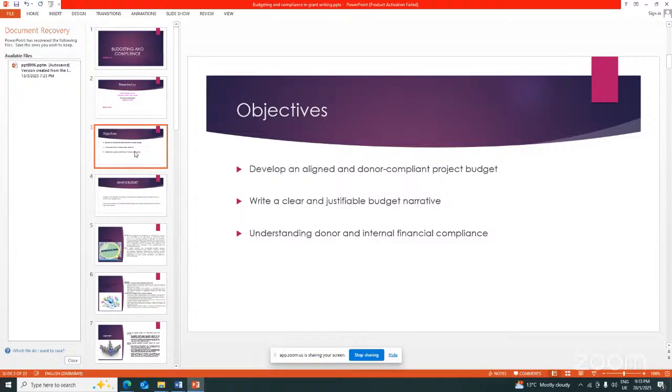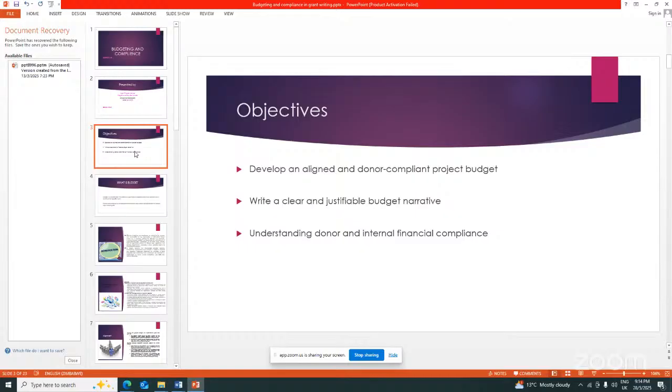So basically, taking it from previous presenters, I liked the example of building a house that was given yesterday by the presenter of session 2. She mentioned that with grant writing, we are kind of building a house where we start with the foundation, then the brickwork, the roof, and I think with the budget and compliance, we can term it to be the ceiling or the last part of the grant writing.